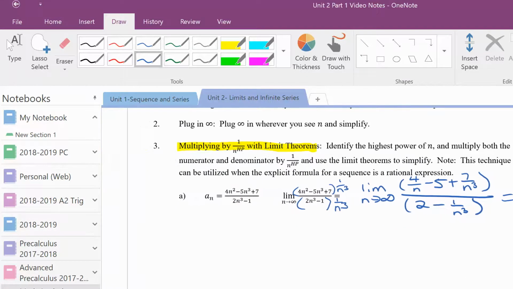Then the sum and difference rule says that you can take the limit of each term individually.